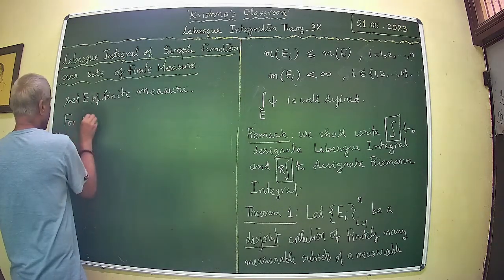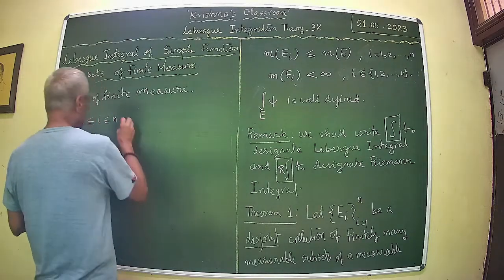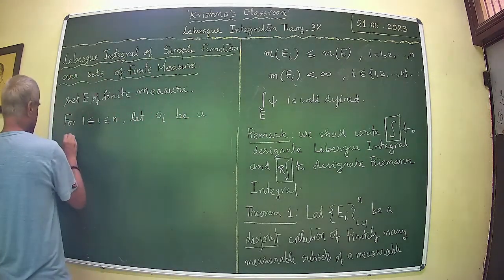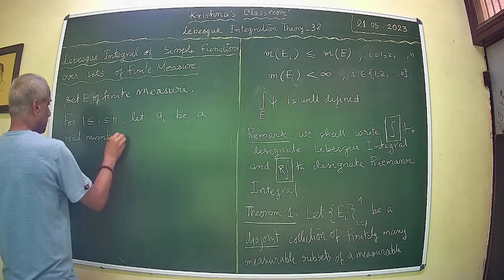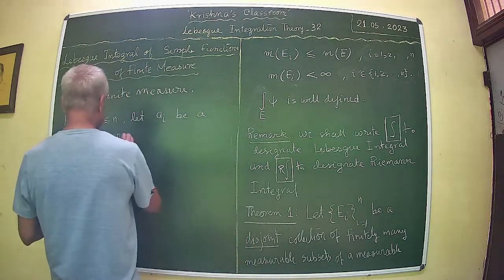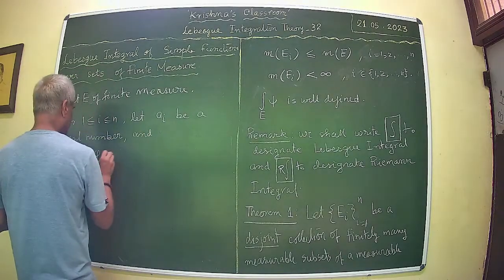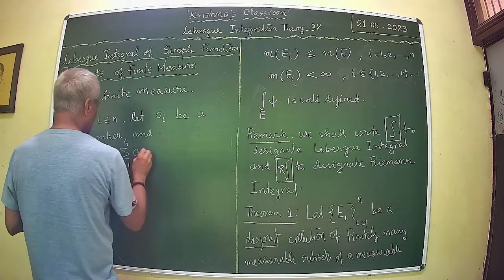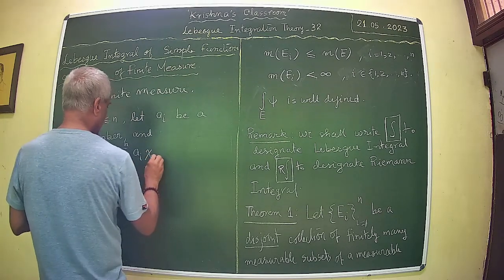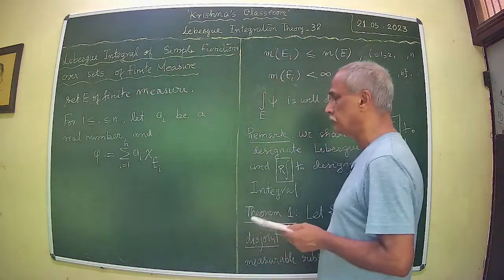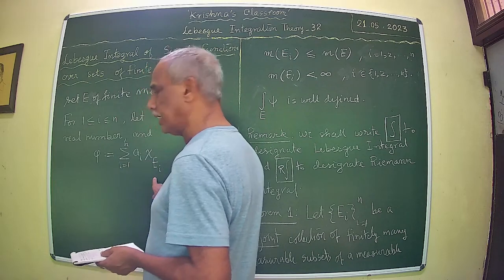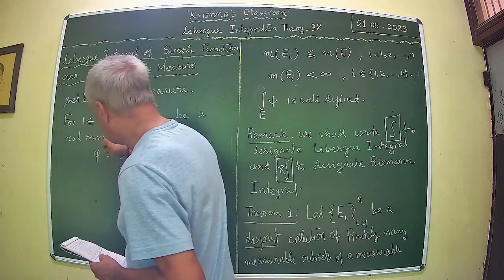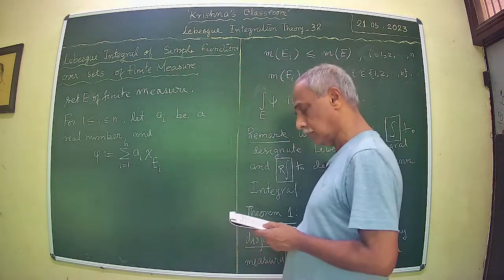For a_i real numbers, and phi be defined as the sum of a_i times the characteristic function of E_i. That means taking the characteristic functions of each of these E_i and taking a linear combination of them with the a_i as the coefficients is what you define as phi. Therefore, phi is a simple function, a simple measurable function.